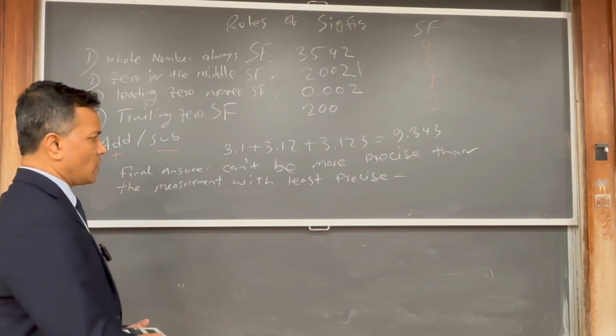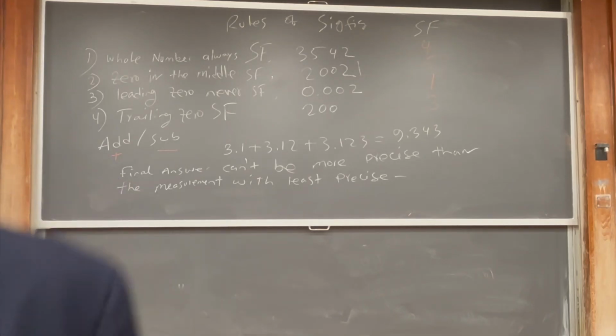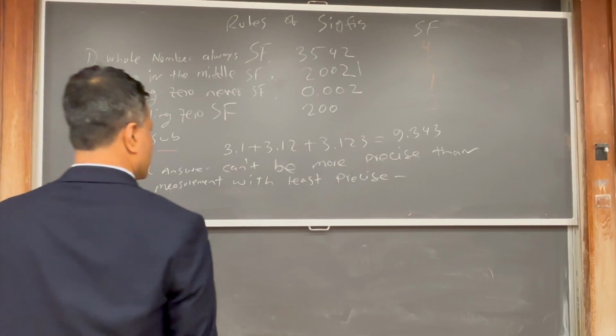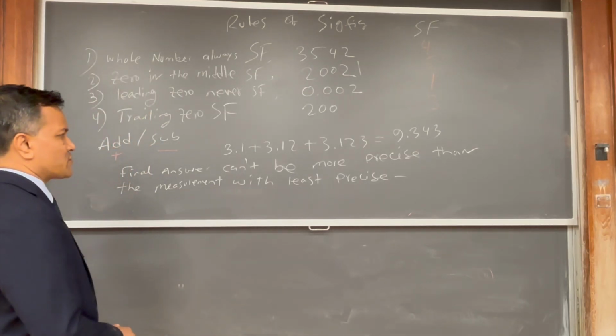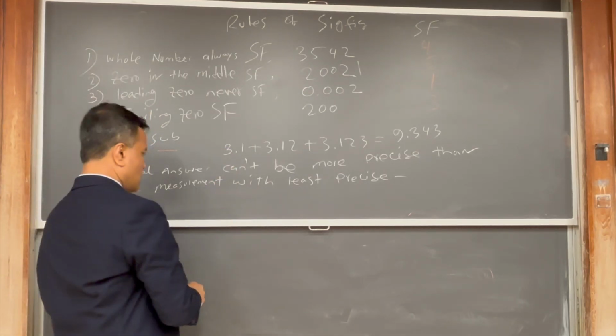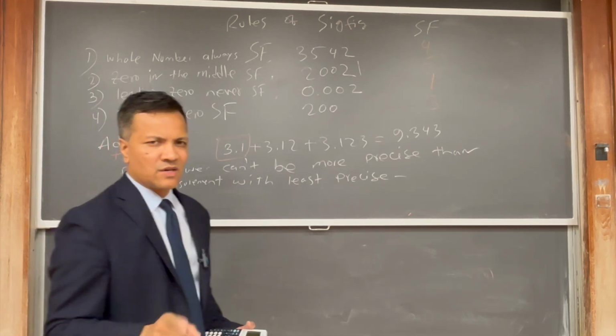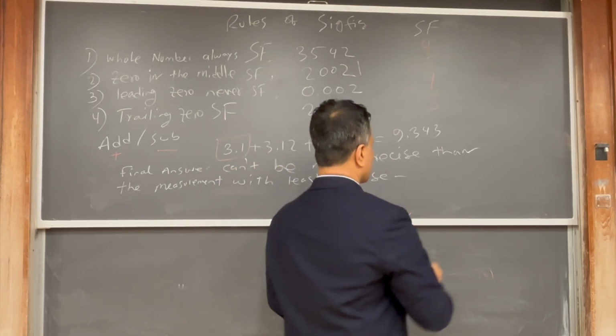Okay, good. So which one is the least precise? This one is the least precise. The least precise one has only one decimal, so the final answer cannot have more than one decimal. So the final answer is 9.3.